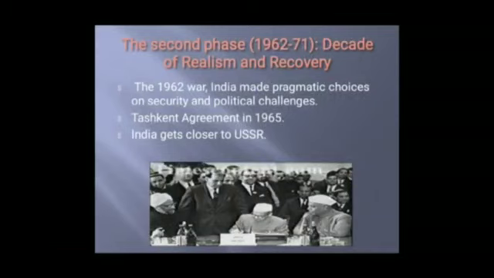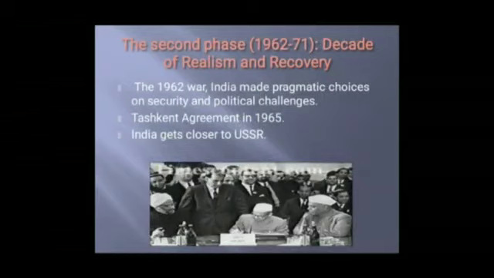However, India faced external pressures on Kashmir from USA and UK, which led to the Tashkent Agreement, in 1965. And then India got closer to the USSR. It was all coming under the second phase. So we call it a decade of realism and recovery.